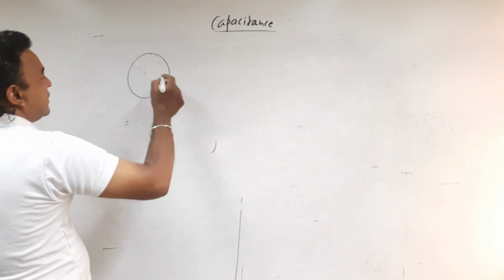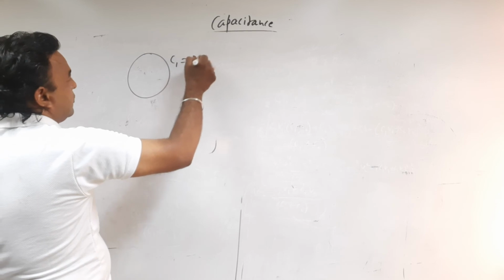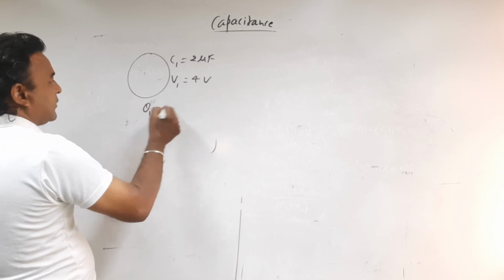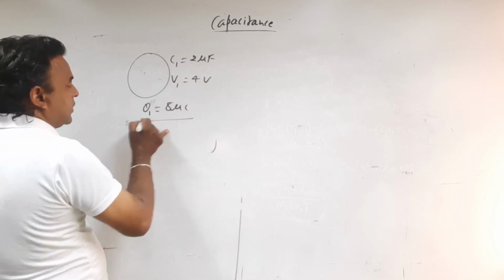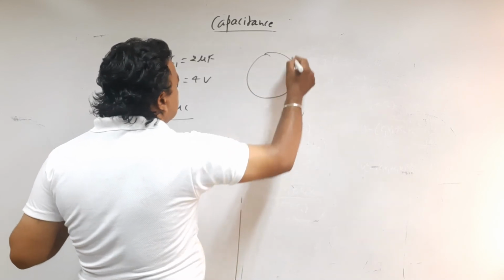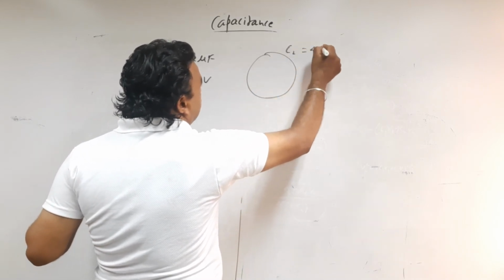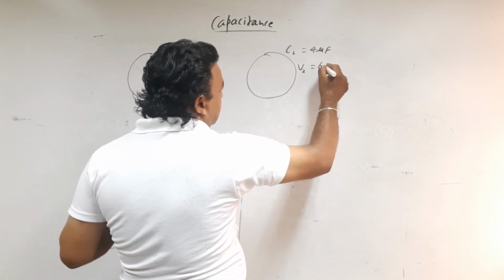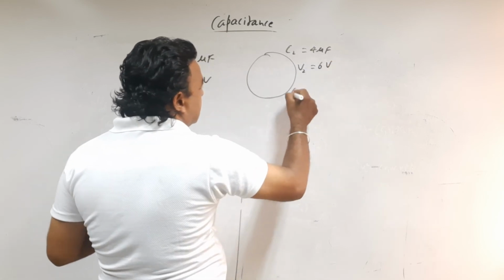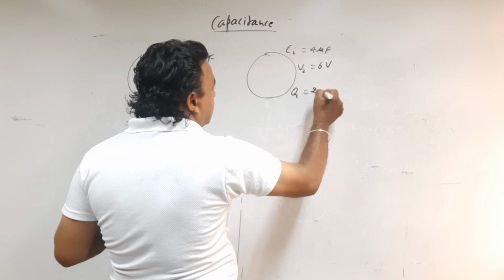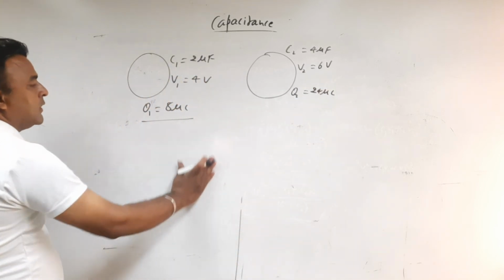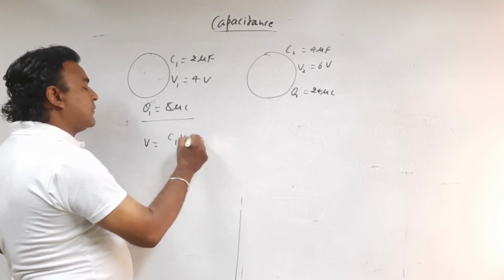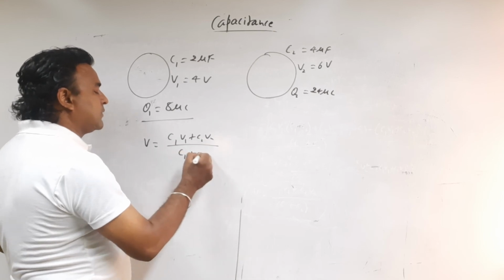I have one capacitor and its capacitance is 2 microfarad. Its voltage is 4 volt. Definitely its charge is 8 microcoulomb, right? There is another capacitor C2 of 4 microfarad. Its voltage is say 6 volt, then charge is 24 microcoulomb, right? Now if I connect them, I told you the formula for common potential, C1 V1 plus C2 V2 upon C1 plus C2.